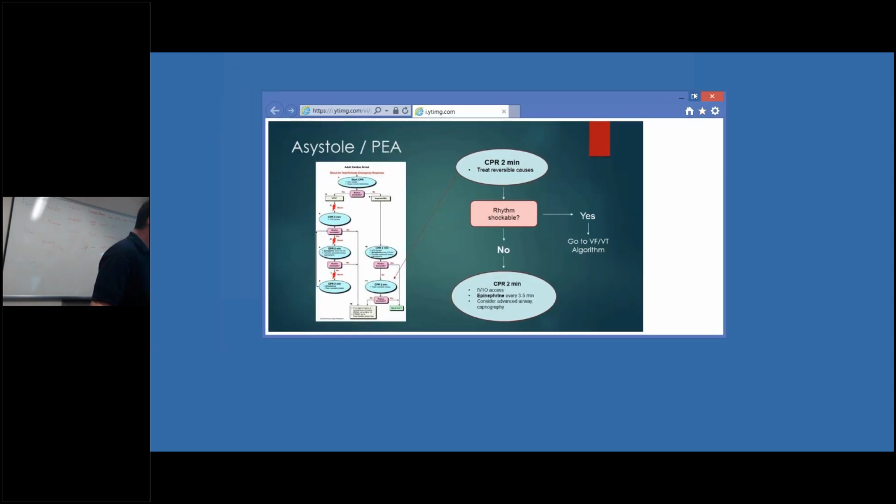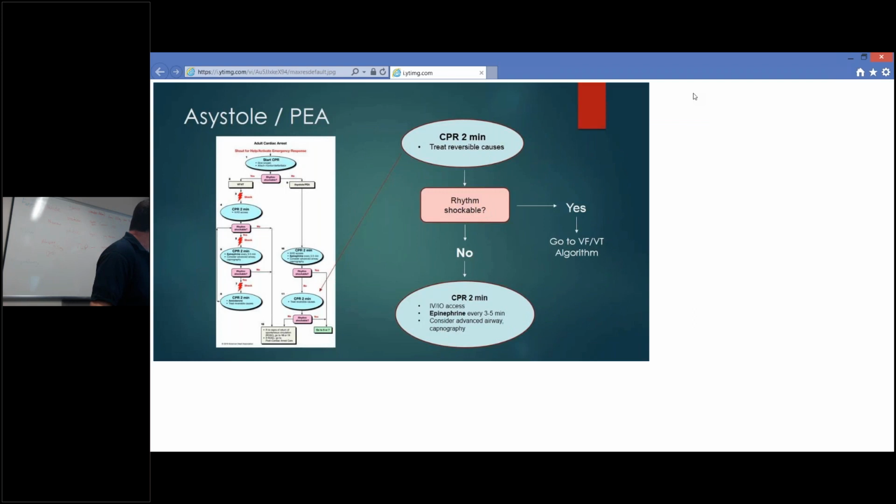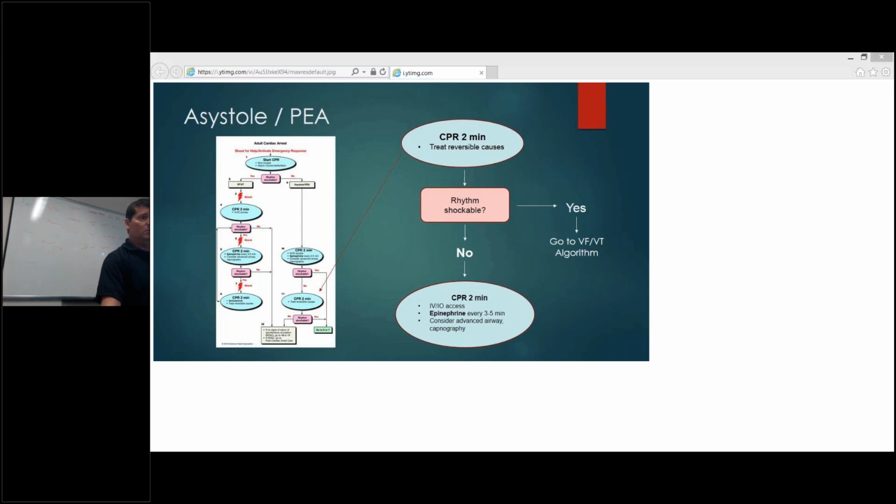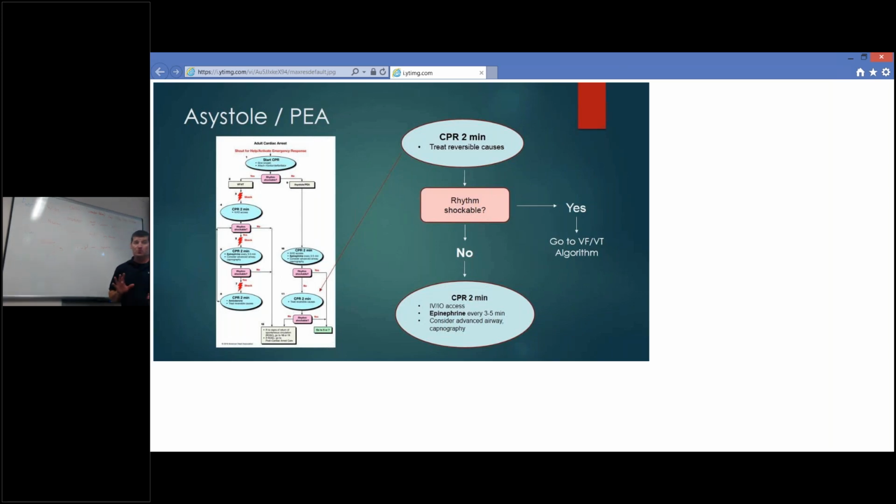Okay, so we're getting better. We're getting down to the last ones here. So let's look at my non-perfusing rhythms. And in my non-perfusing rhythms, we have asystole and PEA. Now, I've told you my thoughts on asystole and PEA, which is basically they are not the same rhythm. But according to AHA, we treat them the same way.